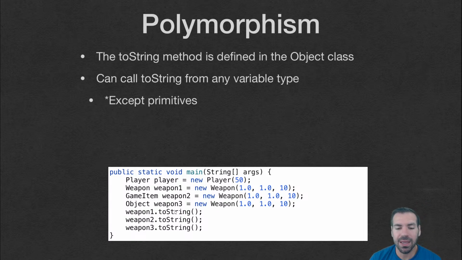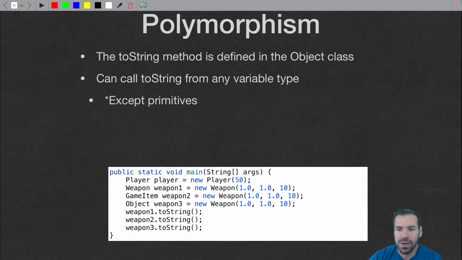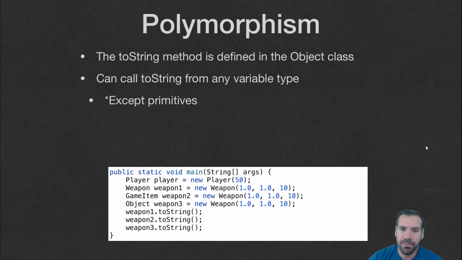That means we will get the same method called every time, no matter what we did in the overrides in both GameItem and Weapon. Whatever's going on there, we will get the same exact method called all three times, because the method that's called depends on the type of the object on the heap.